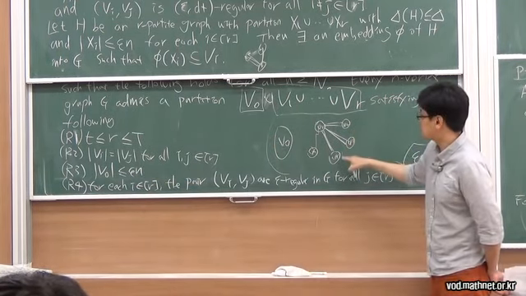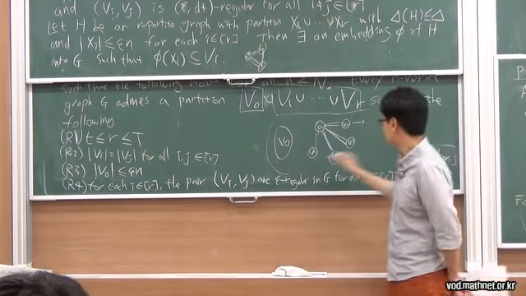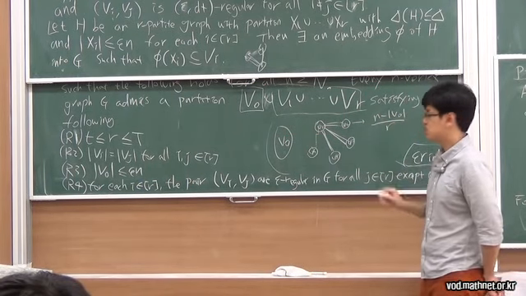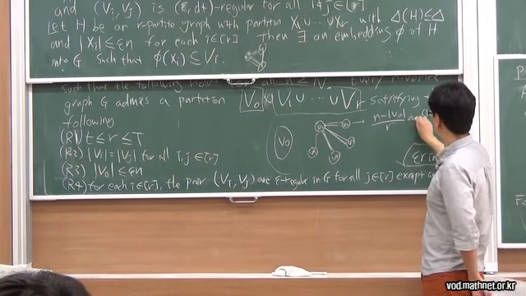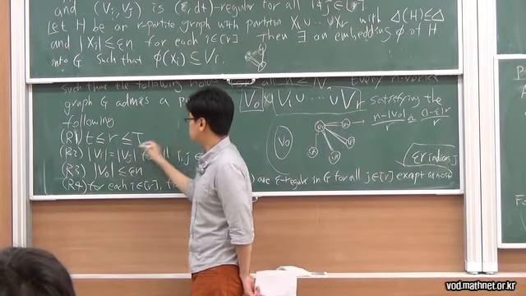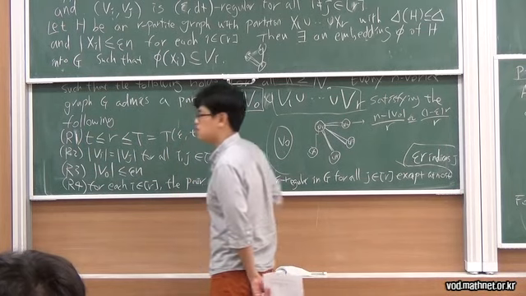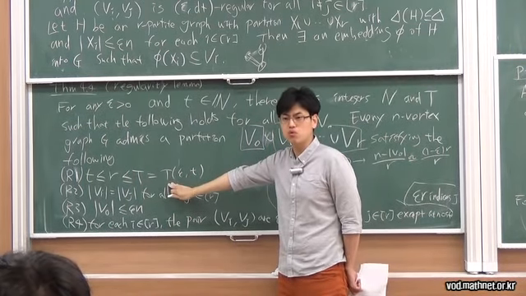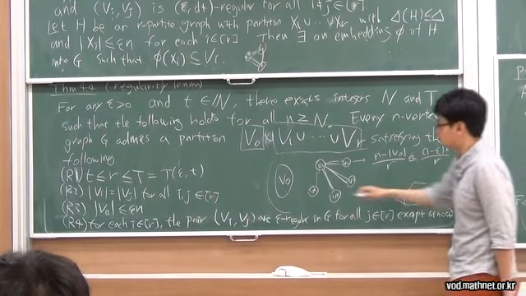But what's the size of these parts? They all have the same size, that means n minus the size of V0, over r. So this is something like (1 minus epsilon) n over r. And r is between these two bounds, which are functions of epsilon and t. So r could be much bigger than 1 over epsilon, which means n over r could be much smaller than epsilon n.